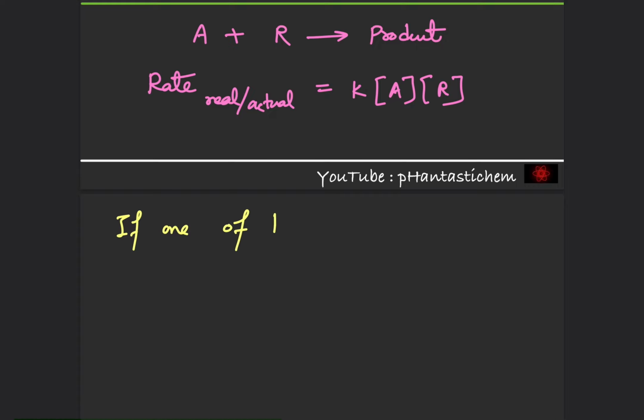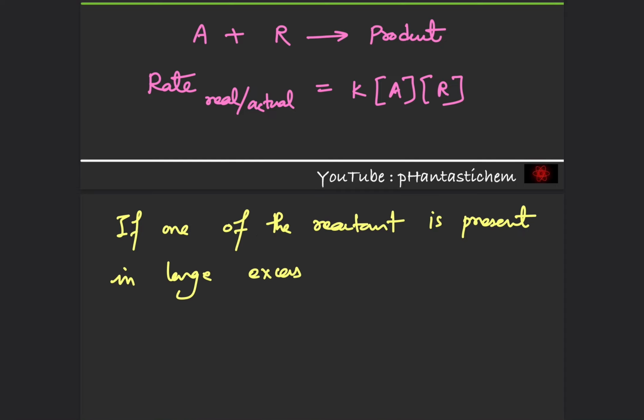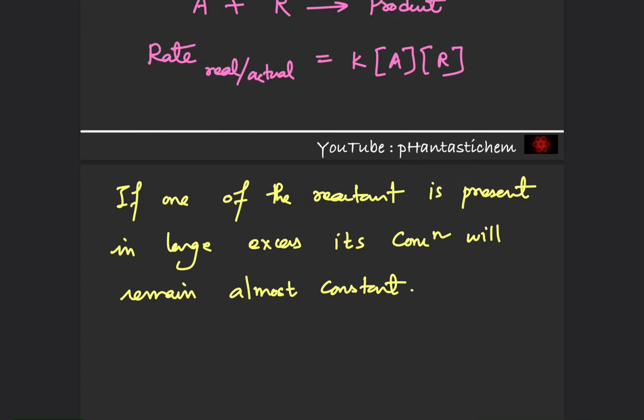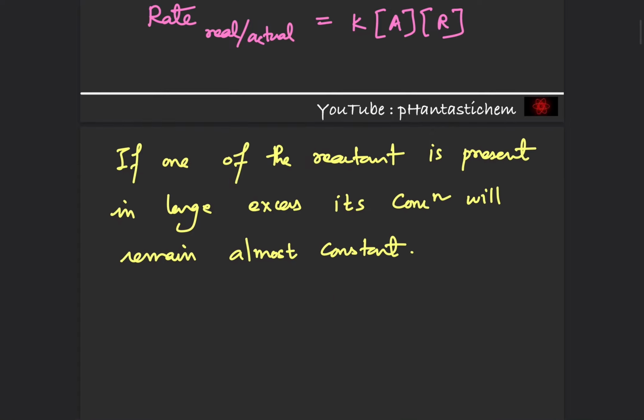If one of the reactants is present in large excess, its concentration will remain almost constant. So in our question, it's R, whose concentration is 10 times the concentration of A.